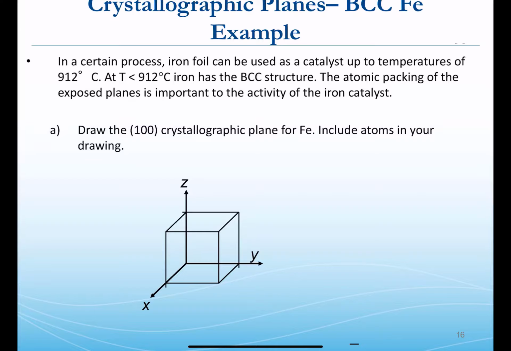Okay, so take a minute to put a sketch for your plane, and then ultimately put some atoms into this drawing. Resume when you're ready. Okay, so the 100 plane, we're going to intersect at this one value here.